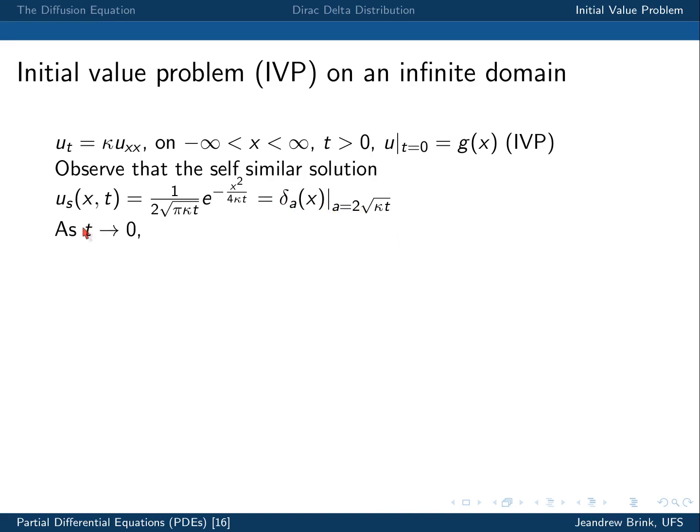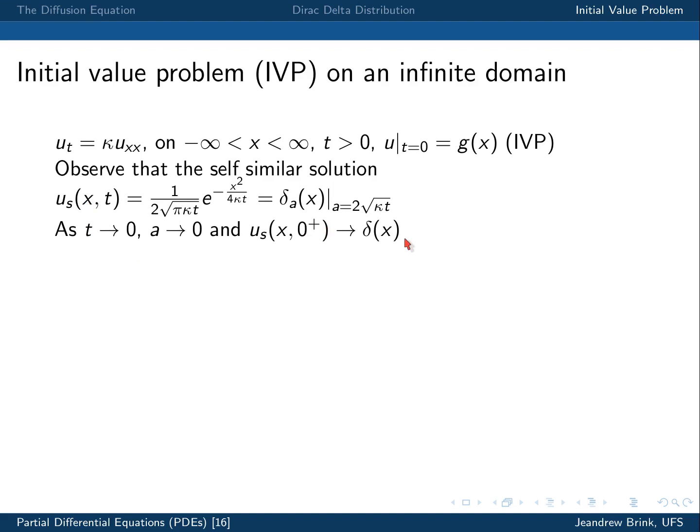So you can then immediately see as t goes to 0, A goes to 0, and therefore u_s, approaching it from the positive side, approaches the delta distribution at x.